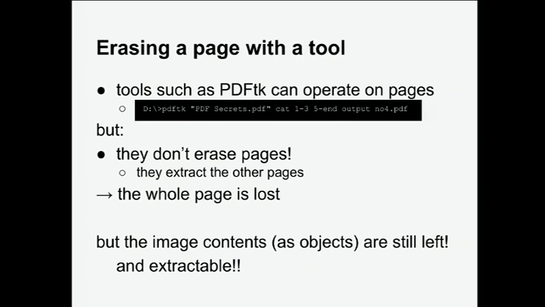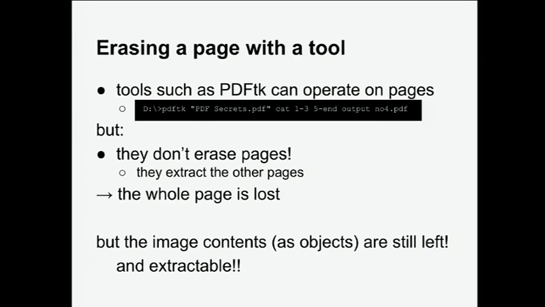But if you had an image on this page, the image is kept, so it can still be automatically extracted. The page is absent, the text is absent, but the image is still there. If this image is confidential, bad for you, if you wanted to hide it.